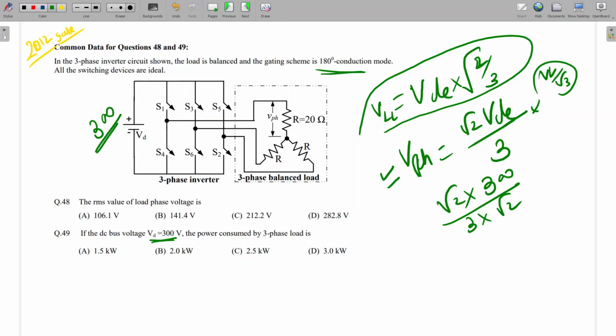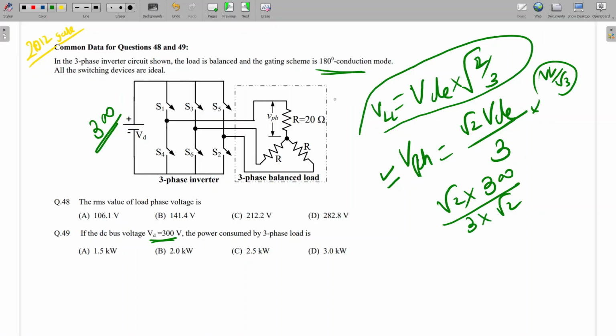Can you wait? I will also check this question to see if other data is given or not. One minute. VDC is 300 only.